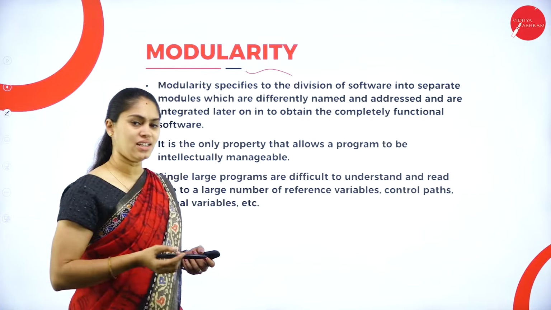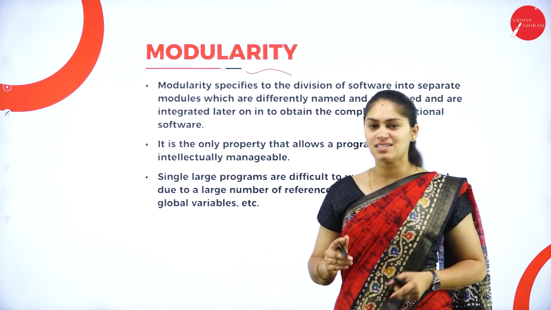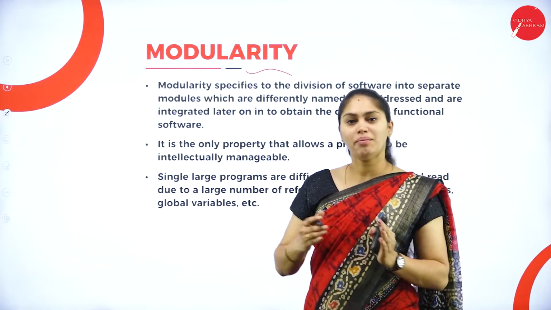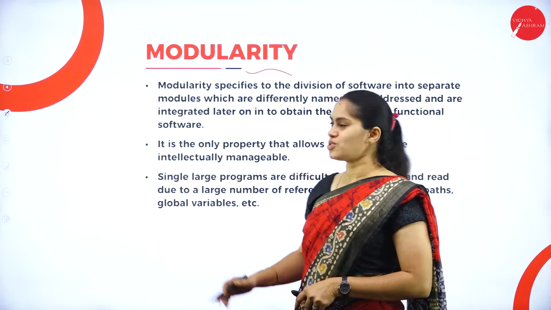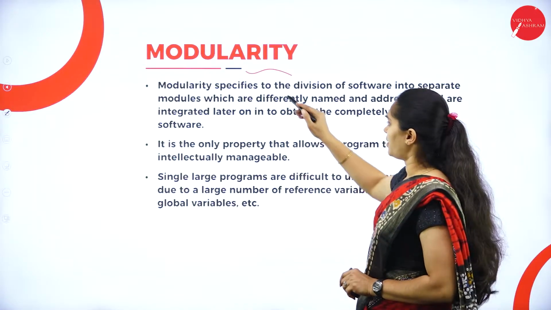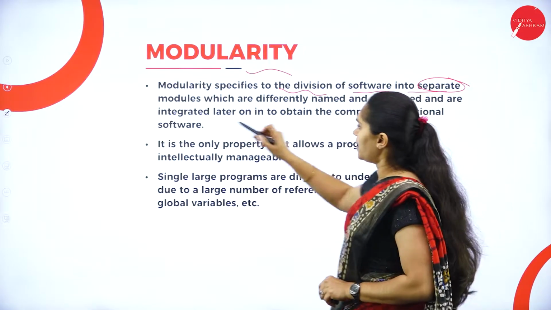Already I told you, when we have a complex problem, it should not be considered as an individual task. It should be divided into a number of sub problems or sub modules. That is modularity. It specifies the division of software into separate modules.